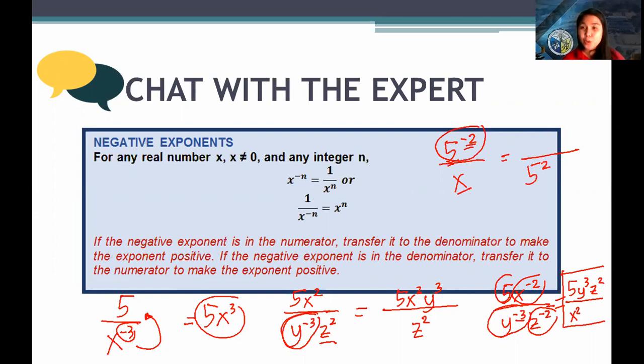X has no negative exponent. It will stay. Nothing left on top, so we write 1. We need to simplify our numerical coefficient, 5 squared. So that's 25x. Our answer is 1 over 25x.